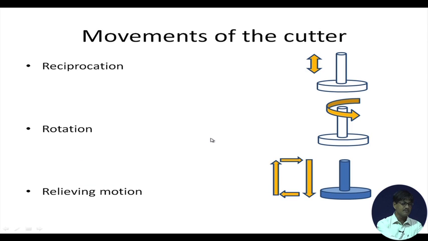So, what are the movements that we are providing? We are providing, as we have seen, reciprocation. This reciprocation provides the cutting action. The cutter cuts off all the material it finds on its way and that way material is removed by cutting action. No pressing, no damaging, no denting, but cutting.